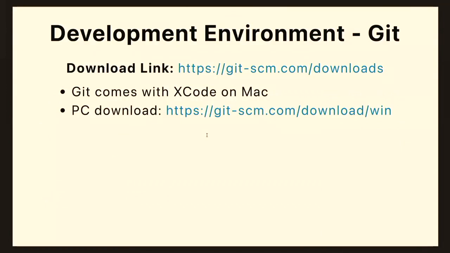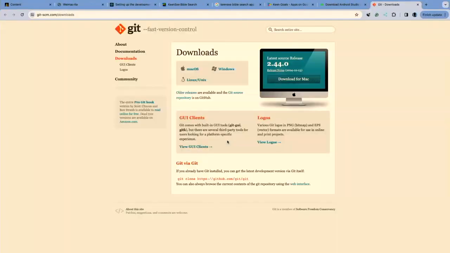I think Git with the latest Mac comes with Xcode. So if you already have Xcode, it's there. But if not, you can download it from the link page. On macOS, there are a number of options.